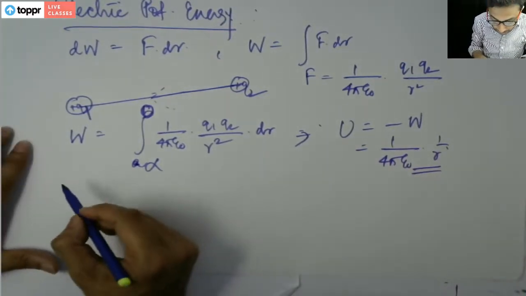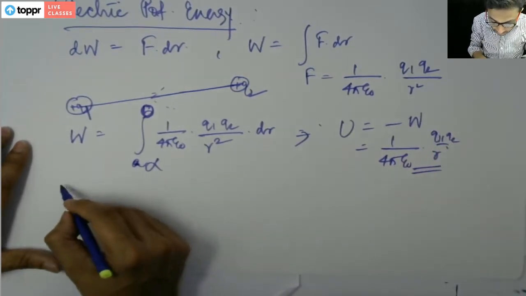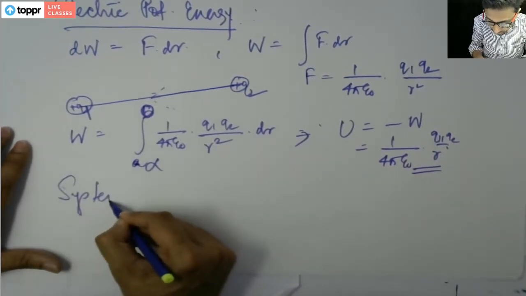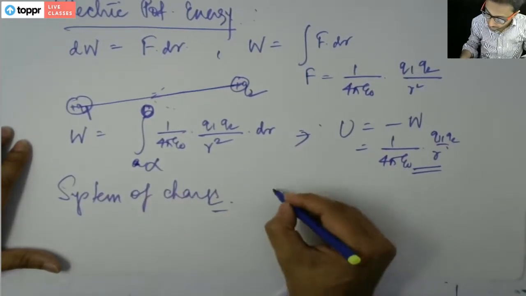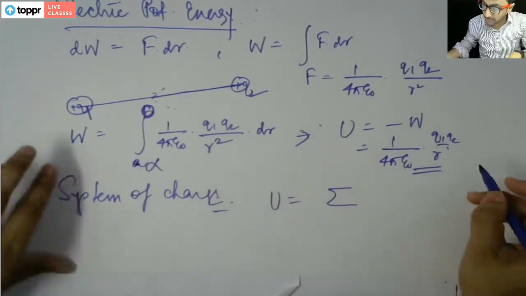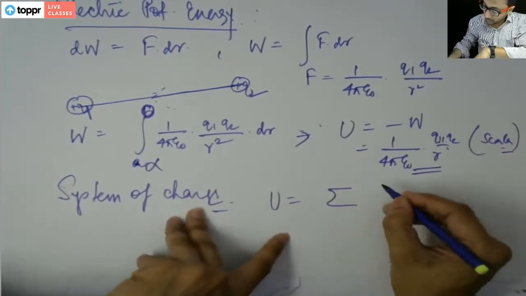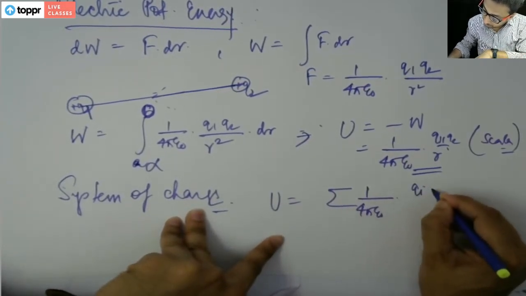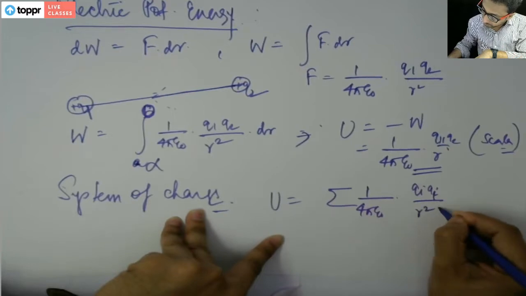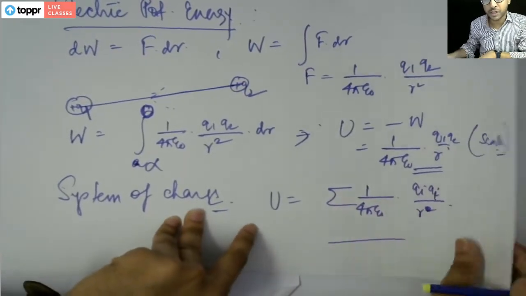Now for a system of charges, potential energy is a scalar, and you add up such terms. Now this is potential energy.